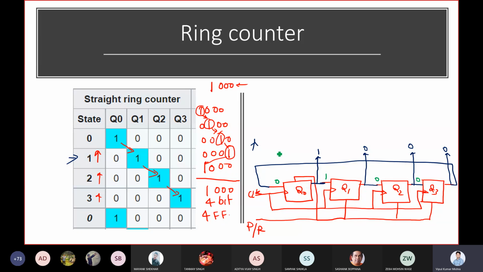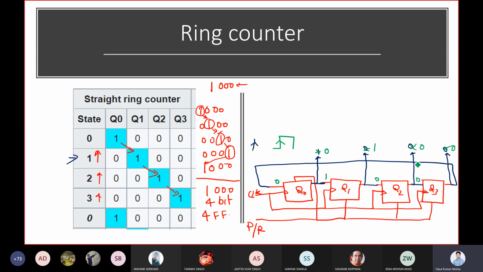Now, when the clock comes, for example this rising edge, what will happen? These inputs will propagate and they will become your output. So when this rising edge comes, this will become 0, this will become 1, this will become 0, and this will become 0. Right?